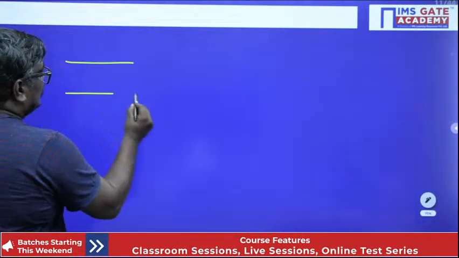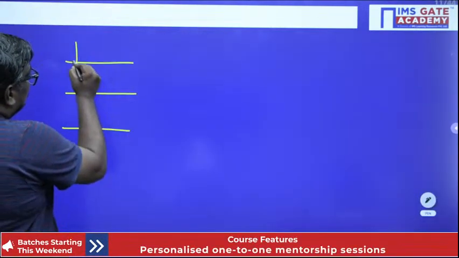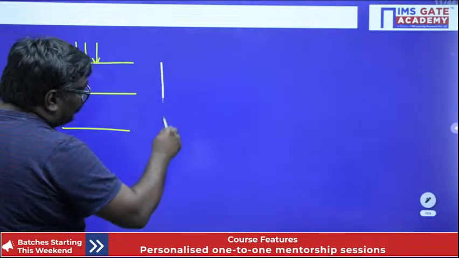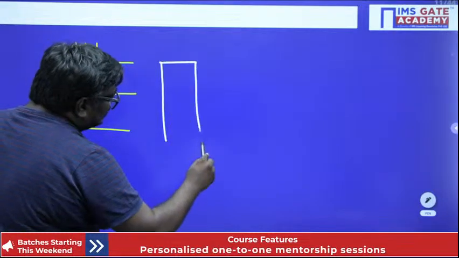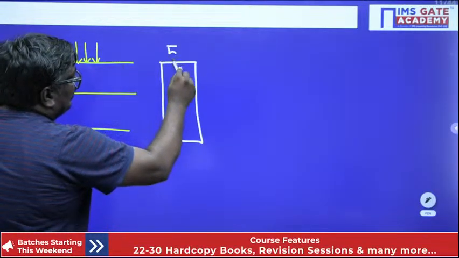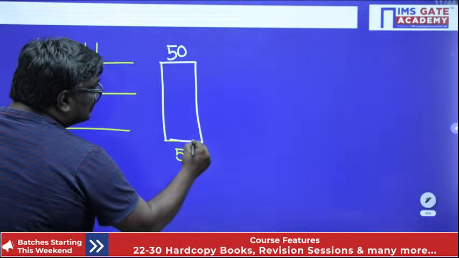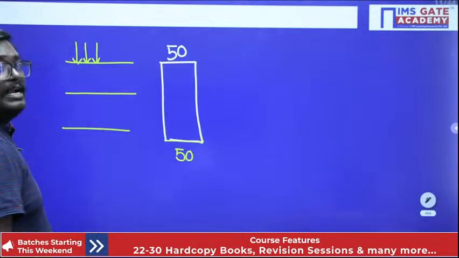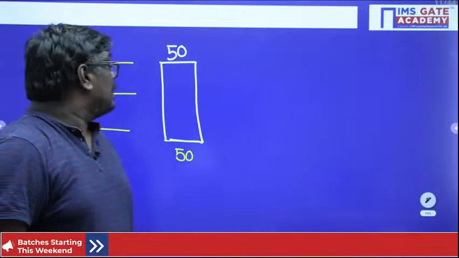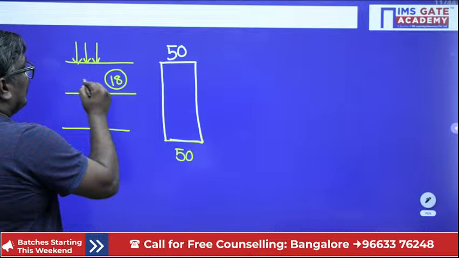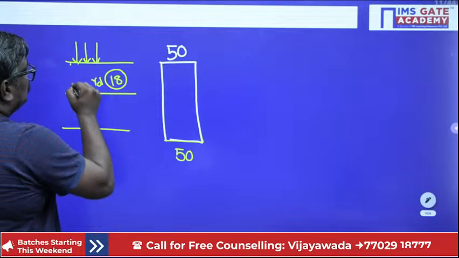If you want to see the diagram, sir, here there is a surcharge load. How much, sir? This is 50. So if I consider here, it will be 50 at top and it will be also 50 at bottom also, because the surcharge variation is uniform. And here you have a dry unit weight of 18 and gamma D, and the depth is 1 meter.